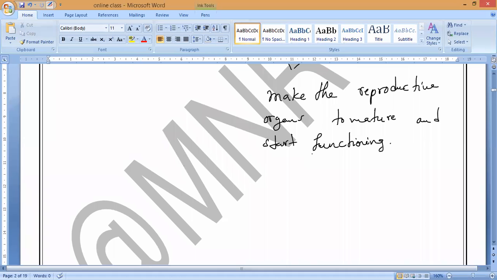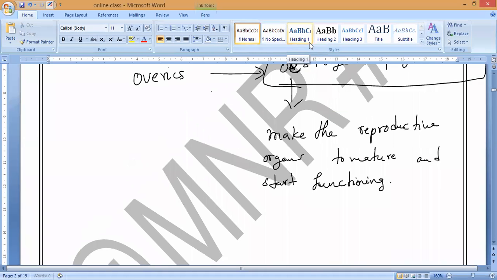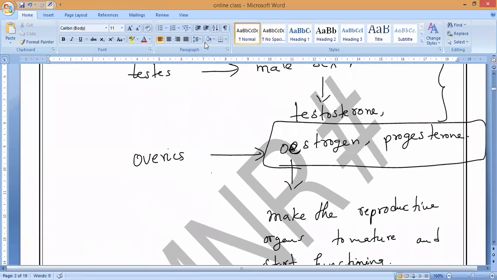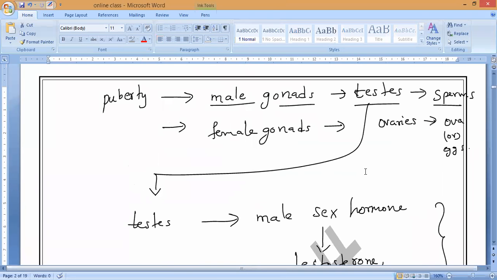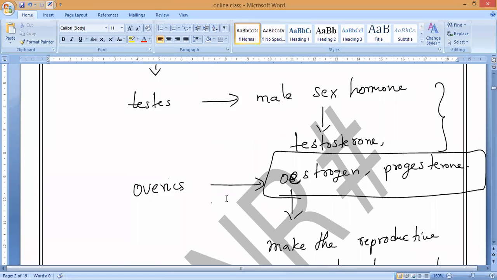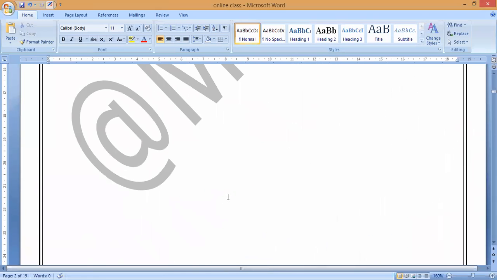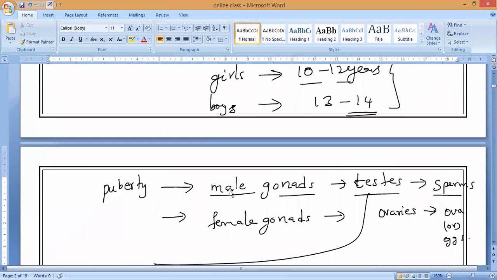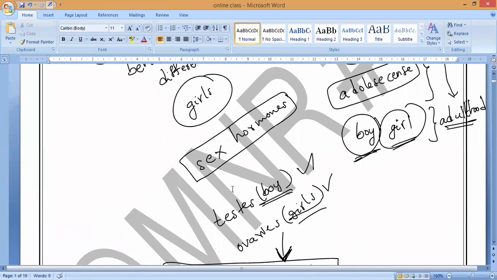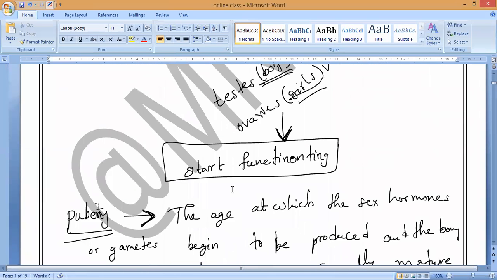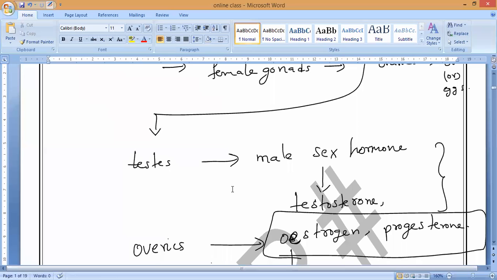So now let us see what kind of characteristics develop in boys and girls before studying the reproductive system. When you see a boy or a girl at an early age, as I told you, both are similar. It is very difficult to identify whether it is a boy or a girl because of the same body structure. Yes or no? Once they attain the puberty period, the secondary sexual characteristics develop.